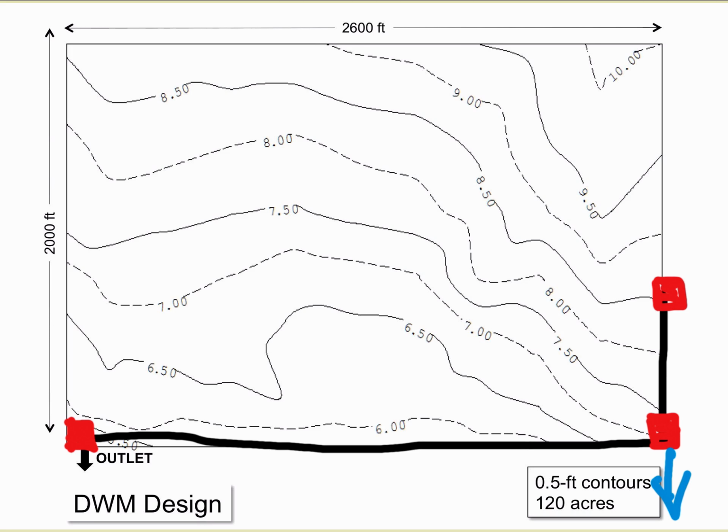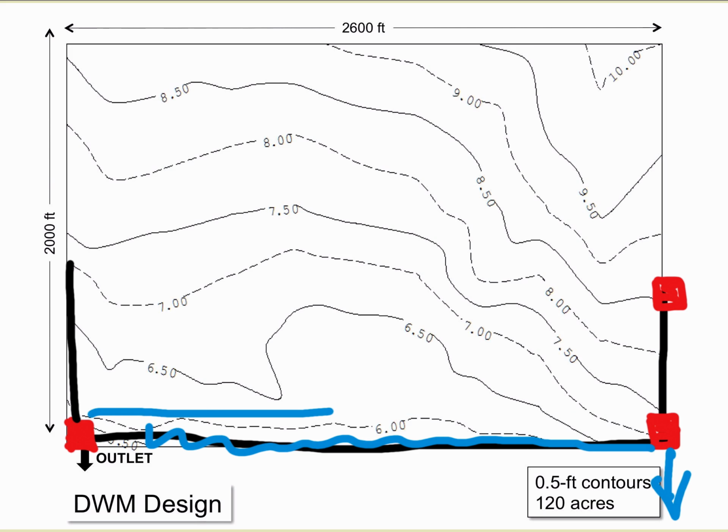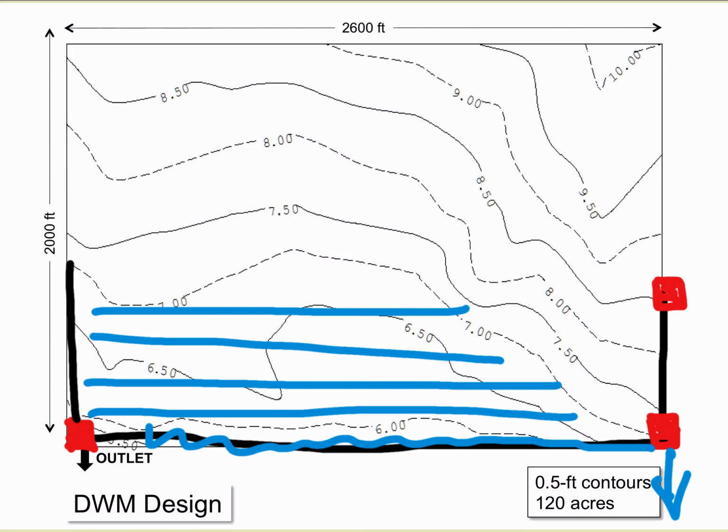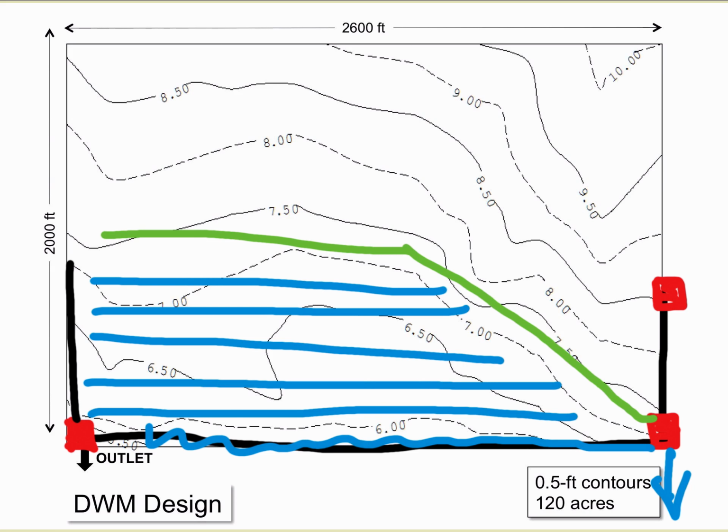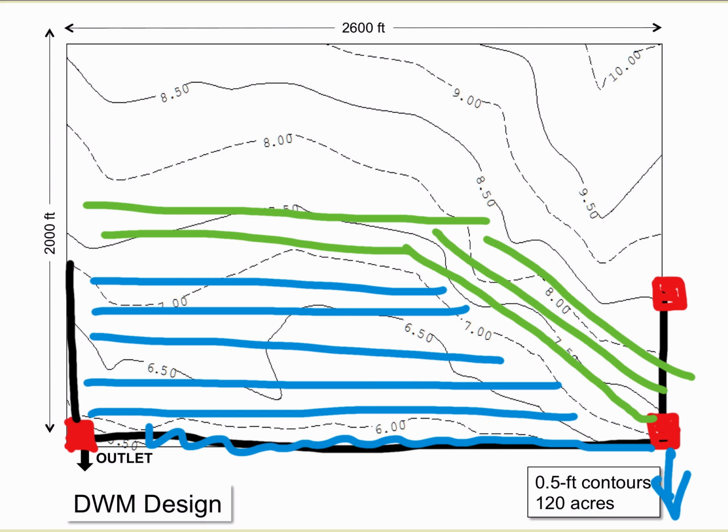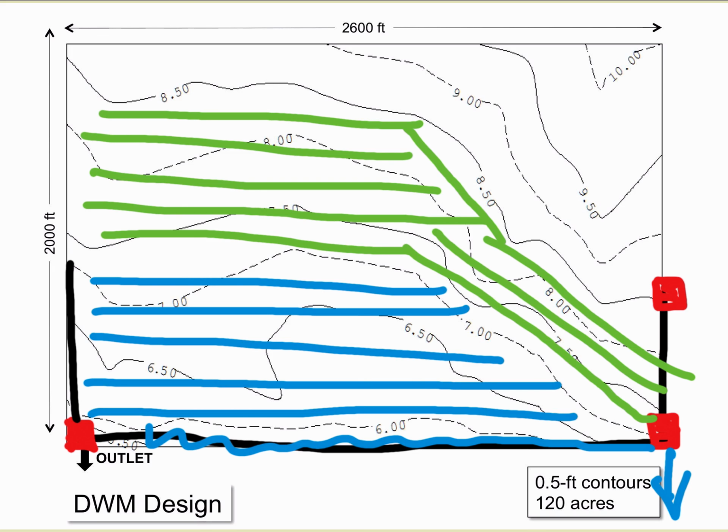And if that's the case, I don't even need this main, but my main could, I could have a main like this, and laterals in my bottom zone that do something like this, and then laterals in the next zone that do this. And I think you get the idea there.